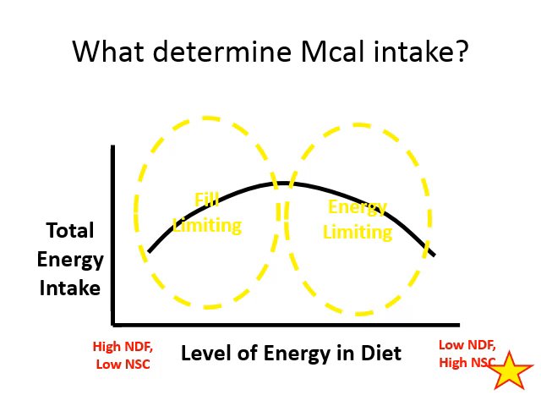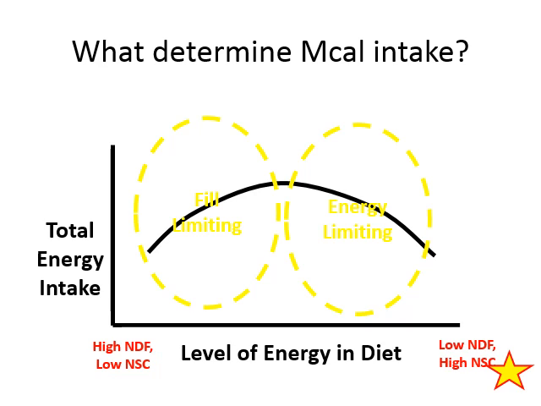And we have to think about energy intake. What we're looking for is this plateau area between the two circles to maximize our energy intake. If we've got a lot of NDF in the diet, going up the slope here on the curve, we're going to have an area where fill is limiting. As we said with NDF, that's an indicator of how much the cow can consume.